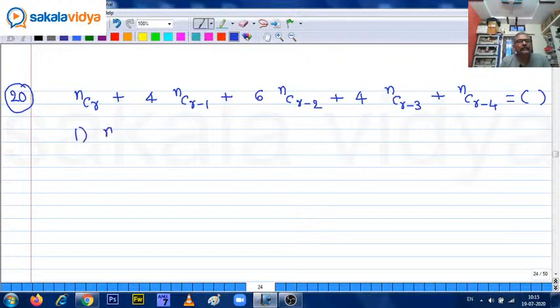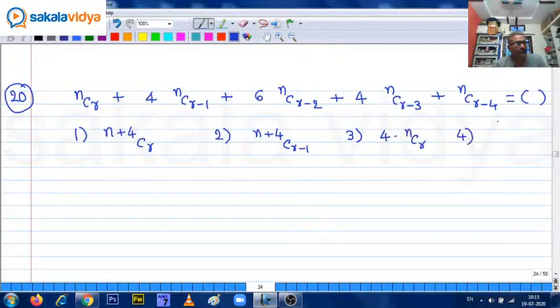First one: n plus 4 Cr. Second option: n plus 4 C(r minus 1). Third: 4 times nCr. Fourth one is 11 times nCr. This is the question.